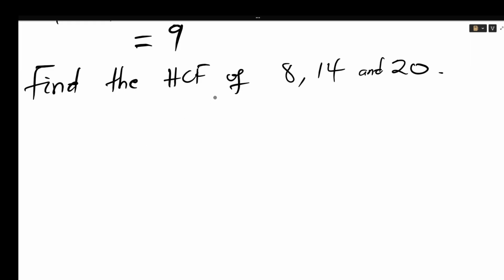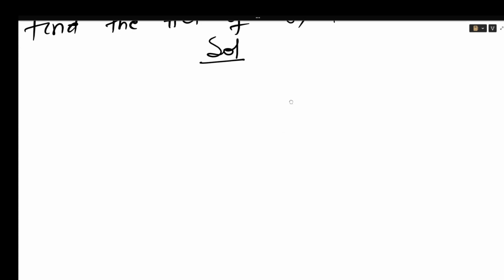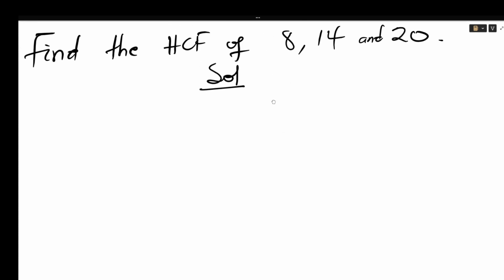Now the solution. First of all, don't forget we are still using the prime factor tree. First of all, I express my 8 as a product of its prime.